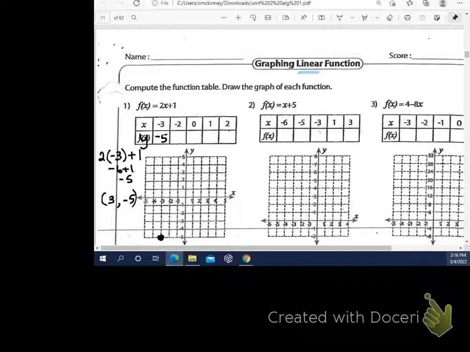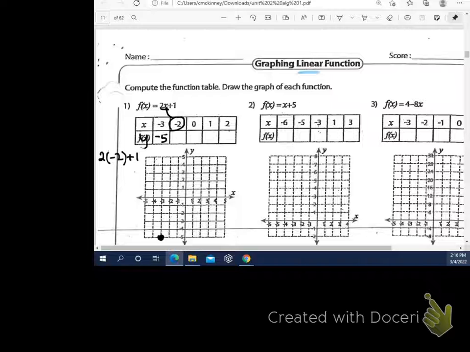Now we're going to repeat that process. We're going to use -2 for x. So I'm going to have 2 times -2 plus 1. So the -2, again, is replacing the x.